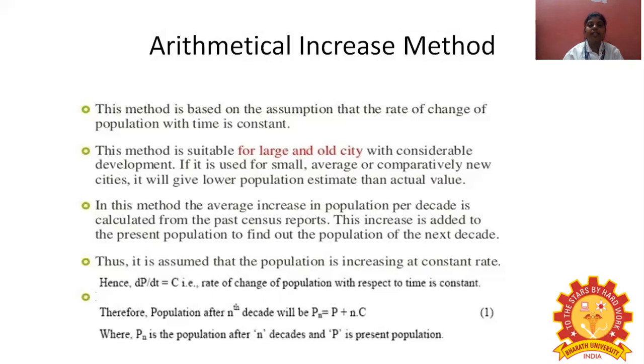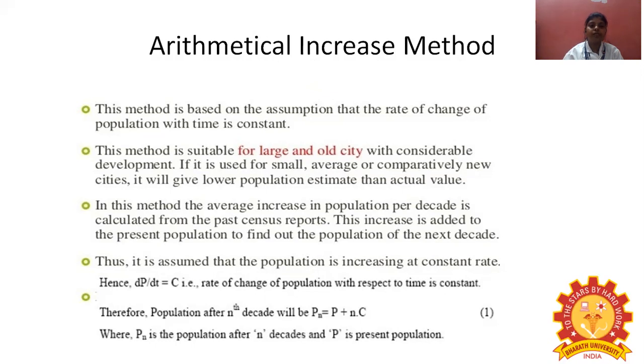Next, arithmetical increase method. This method is based on the assumption that the rate of change of population with time is constant. This method is suitable for large and old cities with considerable development. If it is used for small, average, or comparatively new cities, it will give a lower population estimate than the actual value.